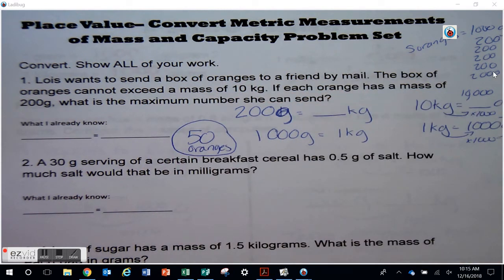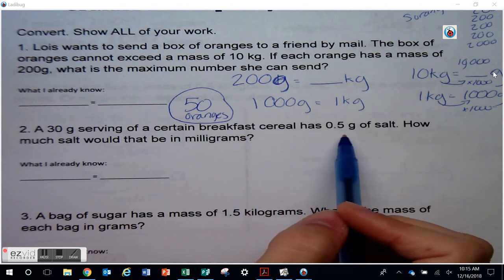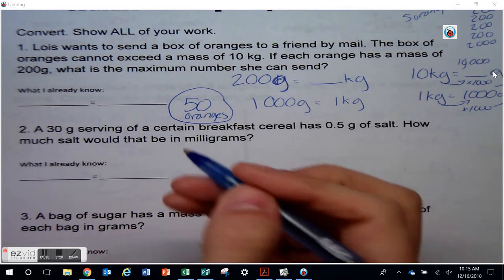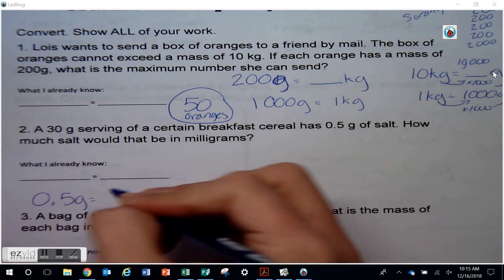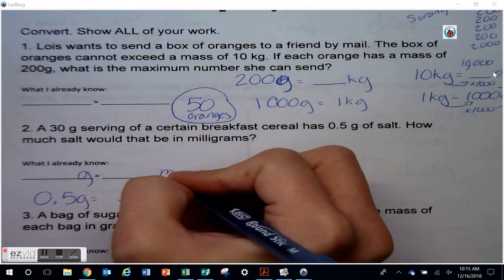A 30-gram serving of a certain breakfast cereal has 5/10 grams of salt. How much salt would be in milligrams? So I have 5/10 grams, and we want to know how many milligrams that would be. Grams, milligrams.